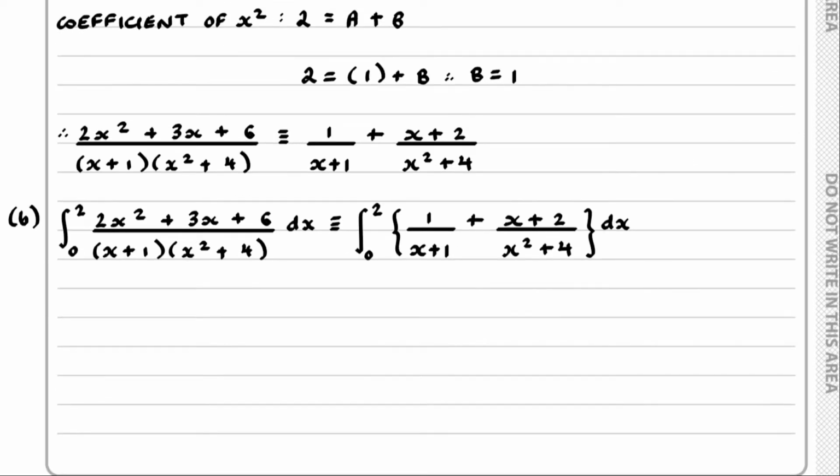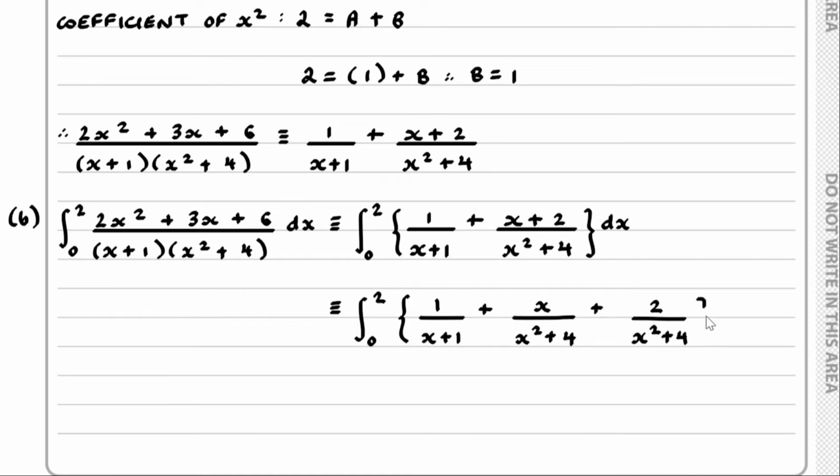So what we can do is rewrite the integral from 0 to 2 of 1 over (x + 1) plus x over (x squared + 4) plus 2 over (x squared + 4).